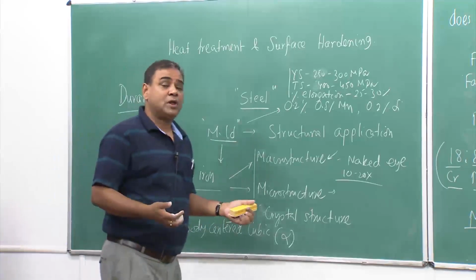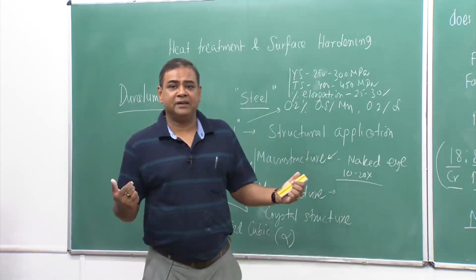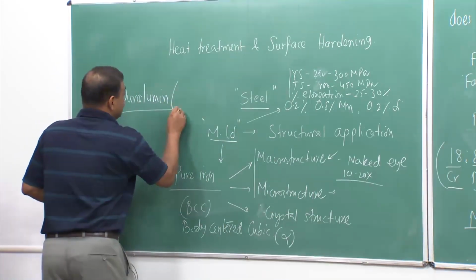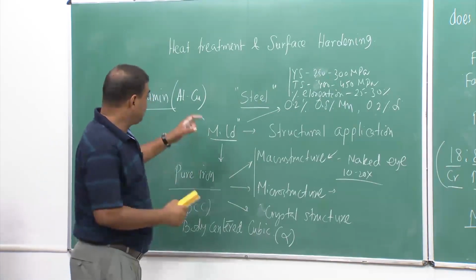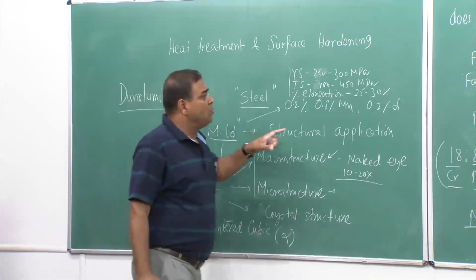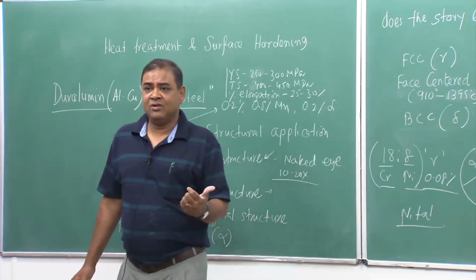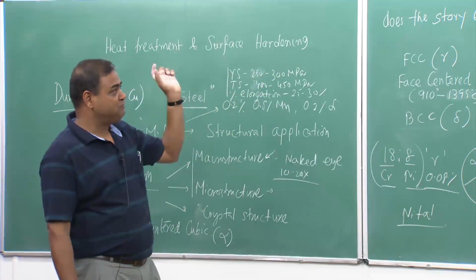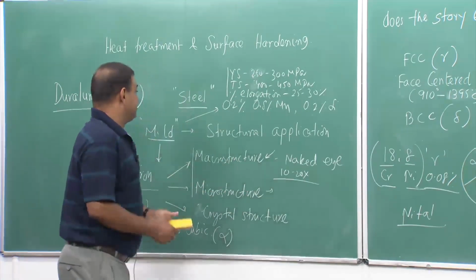Once we talk about duralumin, immediately what comes to our mind is basically nothing but an aluminium copper alloy. So, we will have discussion on mild steel and on these, on how we can change the processing to change the properties without changing the composition. So, now we are fixing one term, which is the composition. Now, let us come to the mild steel.